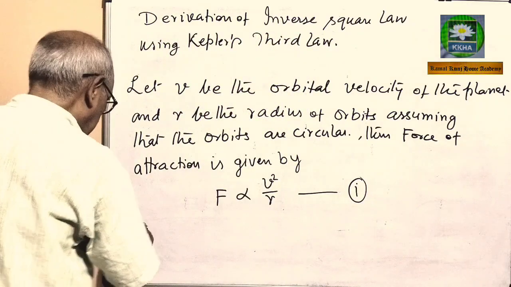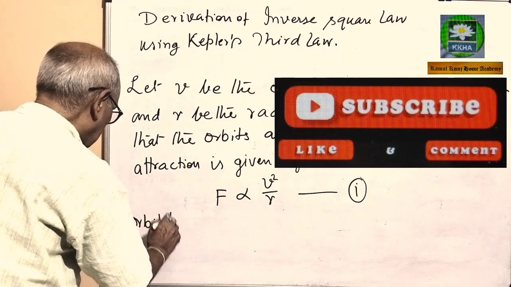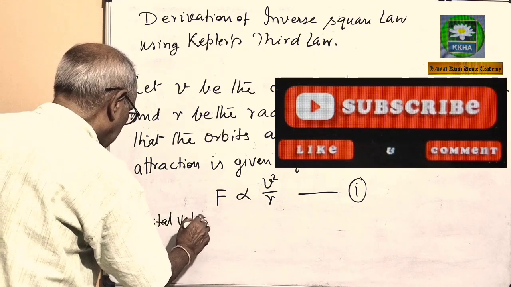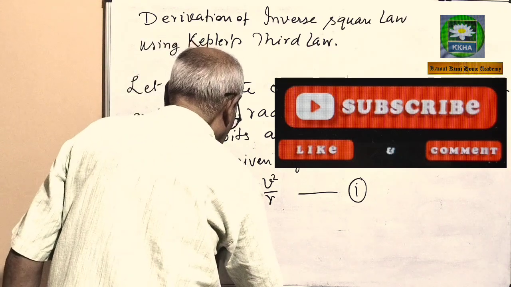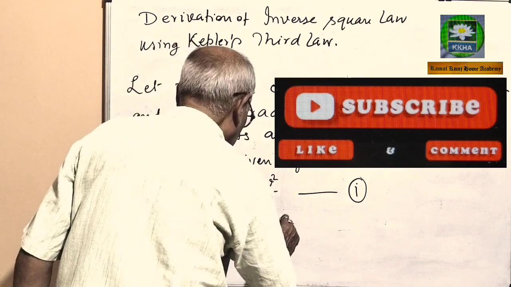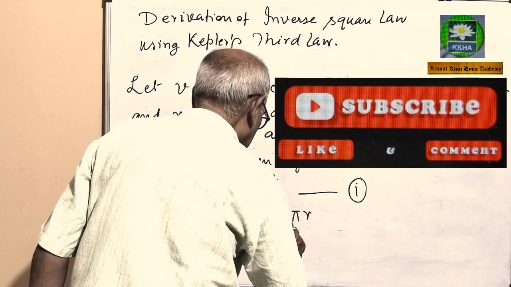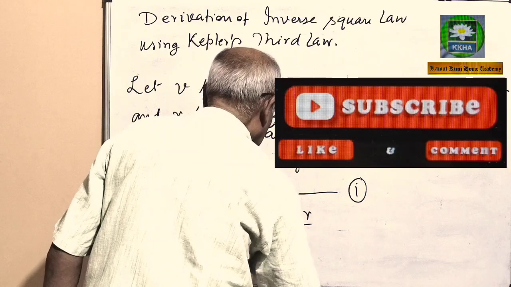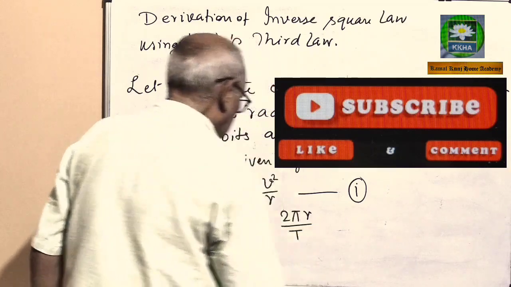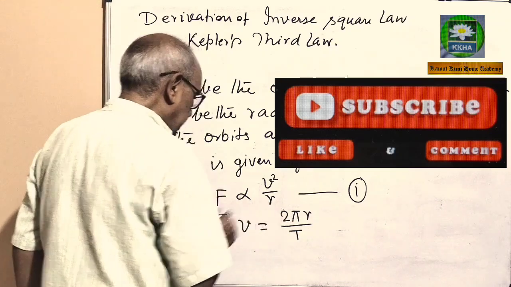Now orbital velocity is v is equal to 2 pi r upon t. 2 pi r is the length of the orbit and t is the orbital time period.